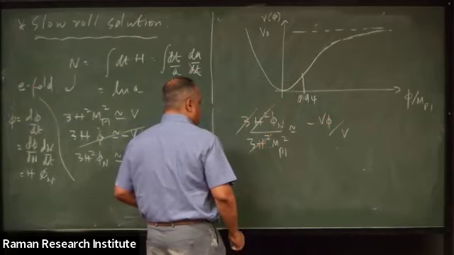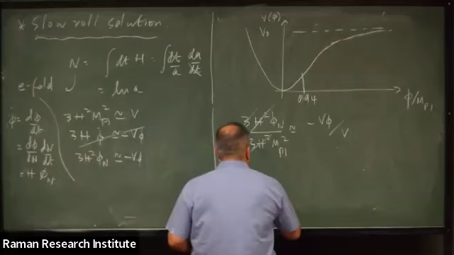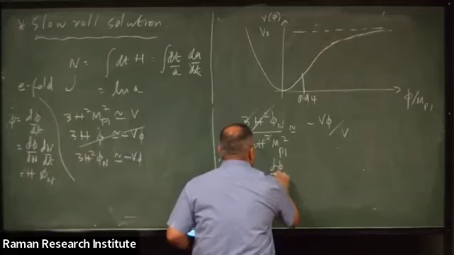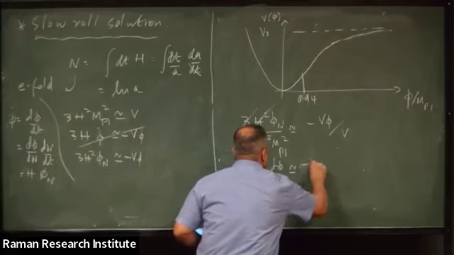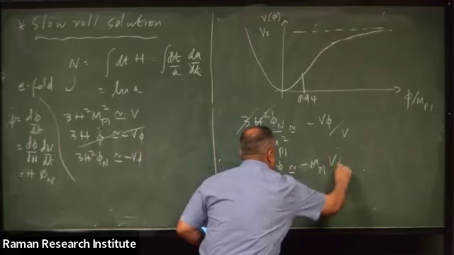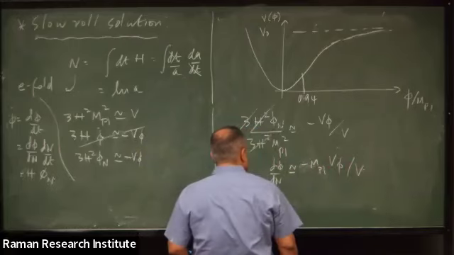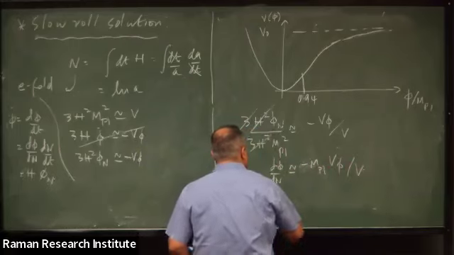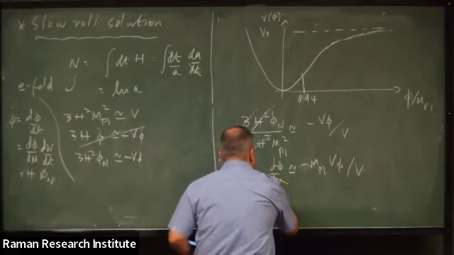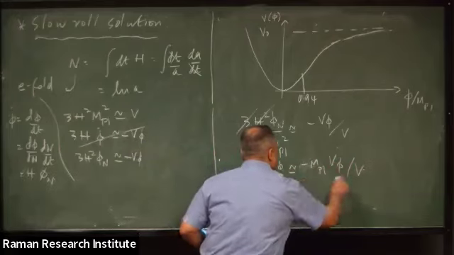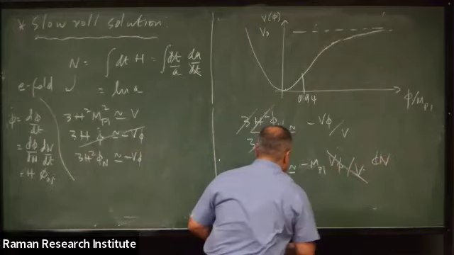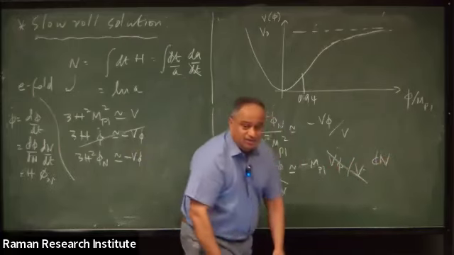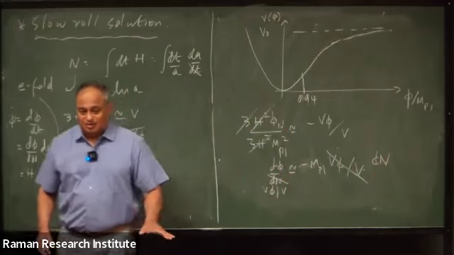All right. So what do I need to do now? So I have d phi by dN is MPL minus MPL V phi by V. Right? So I can take V phi by V here, and I can take dN here. So I am left with this integral to be done, nothing more.